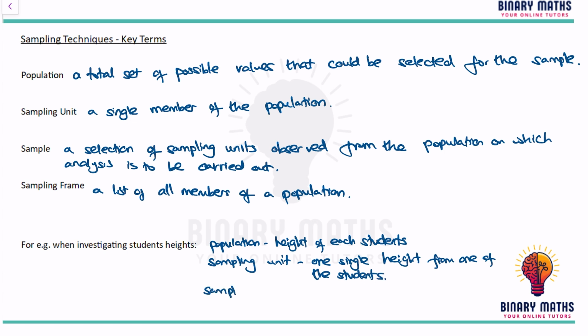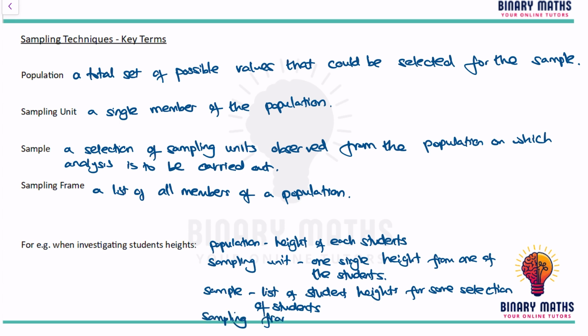A sample is a list of student heights for some selection of students. And the sampling frame would be the list of all students at the school.